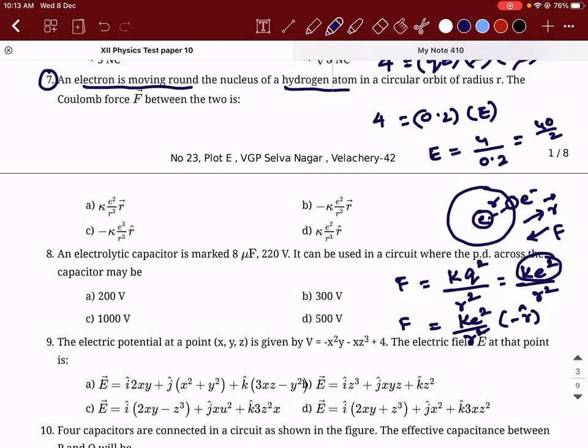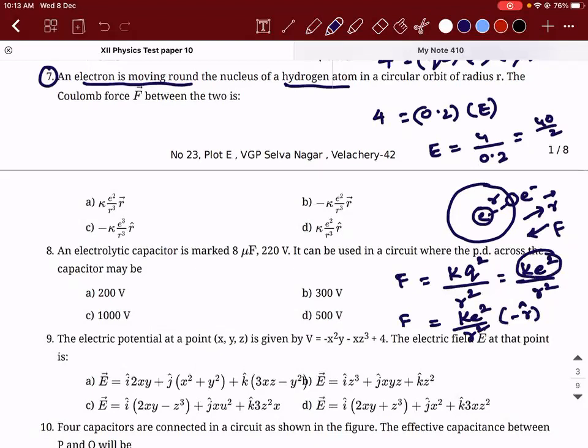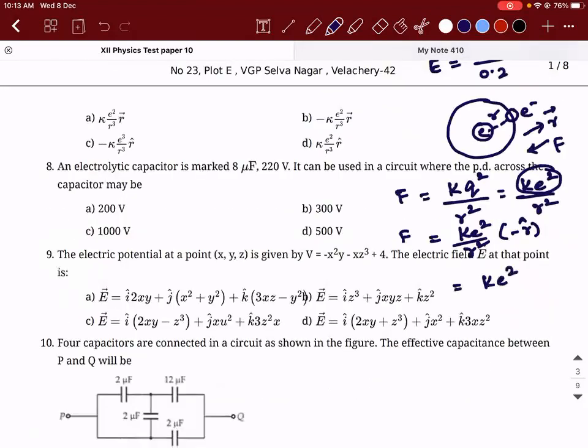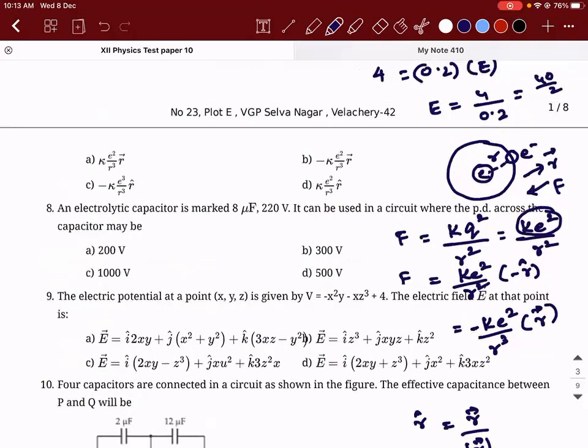So the electron is going to experience a force in the direction negative of r cap. So this is k e square divided by r cube into r vector with a minus sign, because r cap is equal to r vector divided by magnitude of r vector. So the answer will be minus k e square r vector divided by r cube.